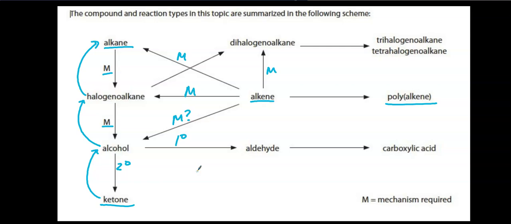If you heat the alcohol in the presence of an oxidizing agent under reflux, so maybe we should add that. So this is distillation. You can further oxidize the aldehyde to carboxylic acid, again using potassium dichromate and heating under reflux.